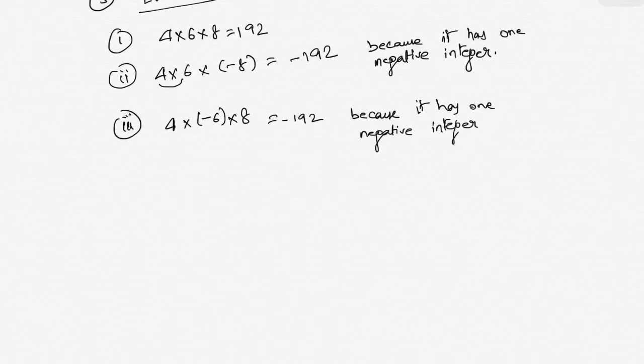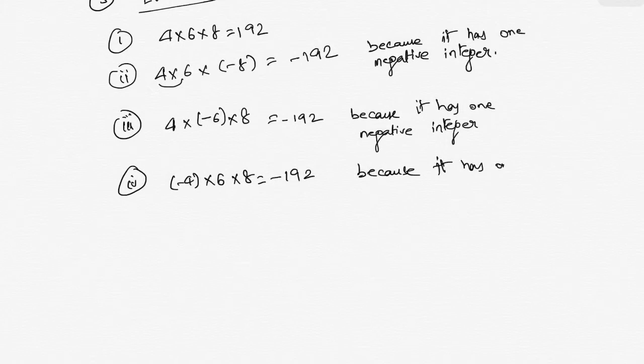Minus 4 into 6 into 8 is also minus 192, because minus into plus is minus, and again minus into plus is minus. So that's why it is minus 192, because it has one negative integer.